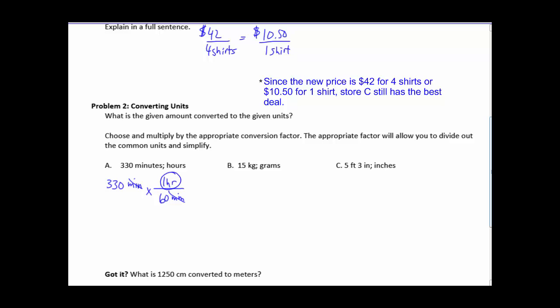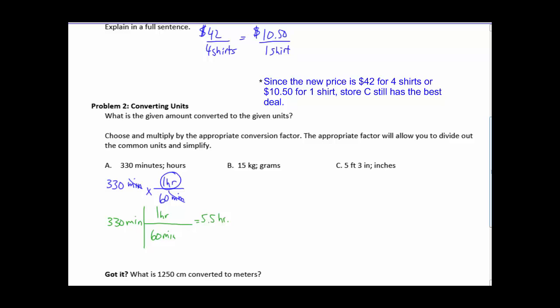So this becomes 330 times 1 divided by 60. Another way we can write this, which sometimes helps, is to write 330 minutes, draw my line, kind of like a sideways T. Now I know I have 1 hour, and we have 60 minutes on the bottom. So 330 divided by 60 gives us 5.5 hours.